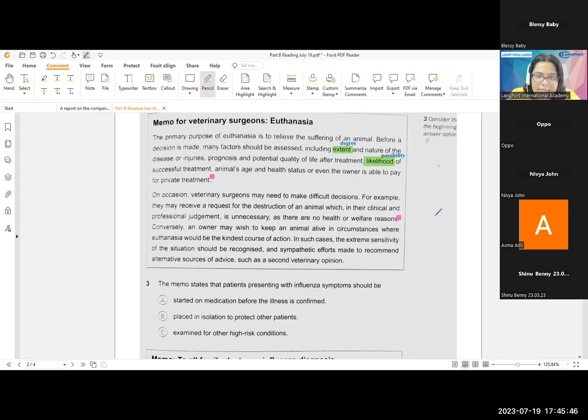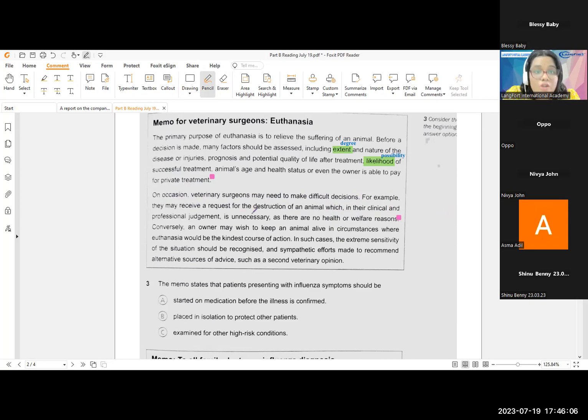So I'll explain it. Then you can read the next. So on occasion, that means sometimes veterinary surgeons may need to make difficult decisions. For example, the veterinary surgeons may receive a request for the destruction of an animal, which in their clinical and professional judgment is unnecessary.